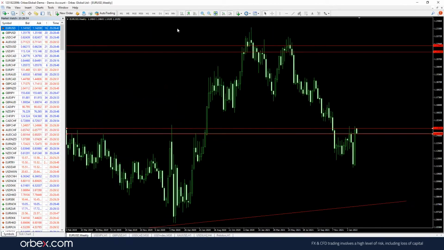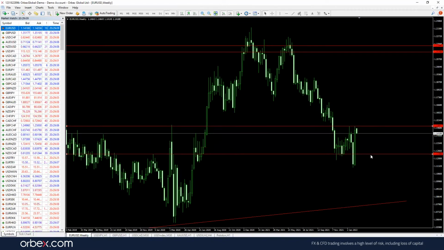If we look at a weekly chart, since it's Monday today, let's go back to last week. It's probably not the best example, but let's take the high and the low. I'm doing this just to show you what the highs and lows are. You can hover over it and see in the bottom right-hand corner, the high was 1.1484 and the low was 1.1137.